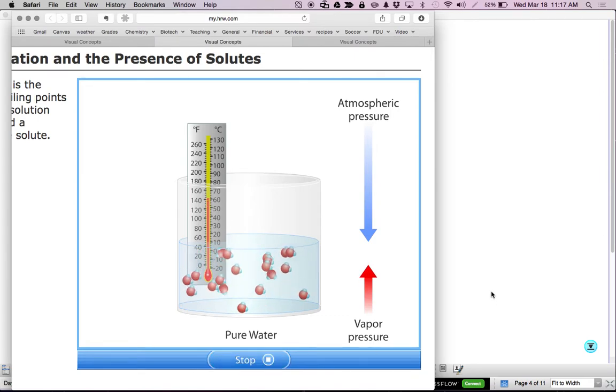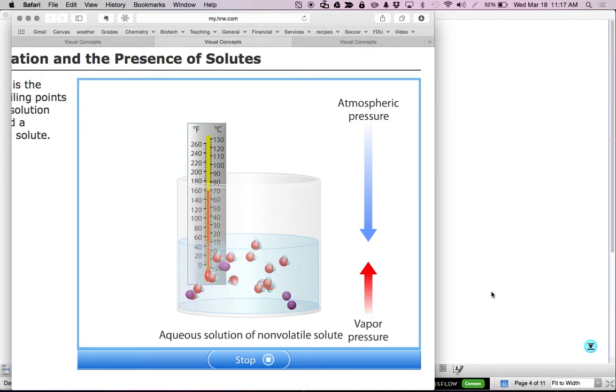The boiling point of a liquid is the temperature at which the vapor pressure of the liquid is equal to the prevailing atmospheric pressure. Because the vapor pressure of a solution containing a non-volatile solute is lower than the vapor pressure of the pure solvent, more heat will be required to raise the vapor pressure of the solution to equal the atmospheric pressure.